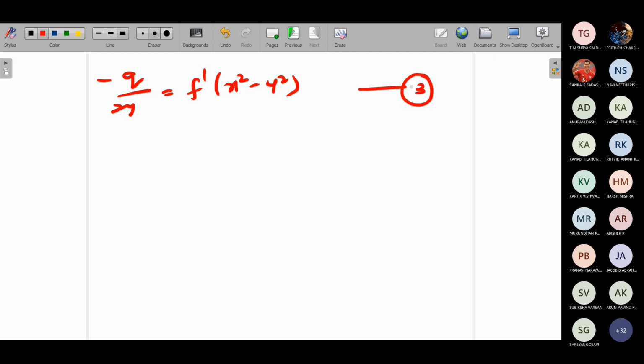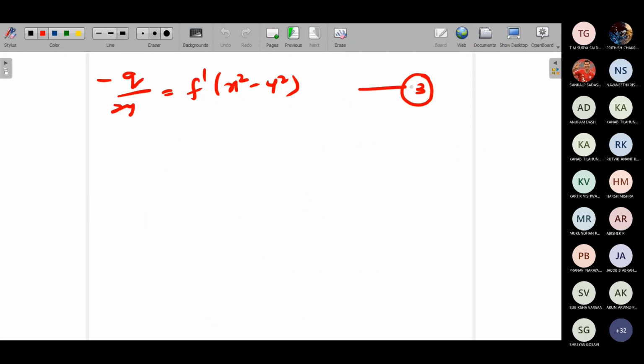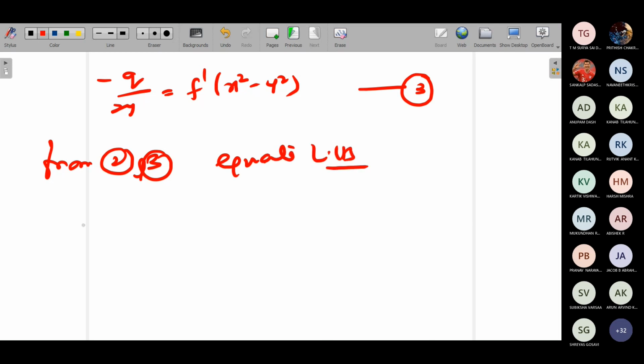Now from 2 and 3, you need not even go to equation number 1, because you have f there. In equation 2, you have p by 2x equal to f dash of x square minus y square. In equation 3, you have f dash of x square minus y square equal to minus q by 2y. So from 2 and 3, you can equate the left hand side, because the right hand sides are equal.